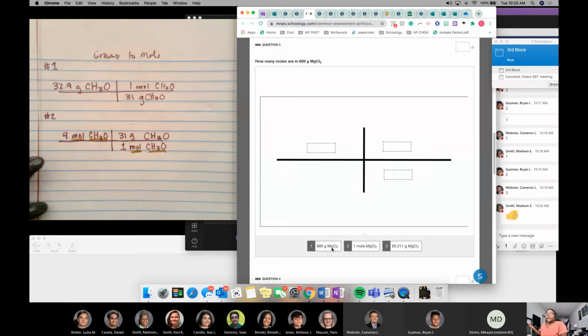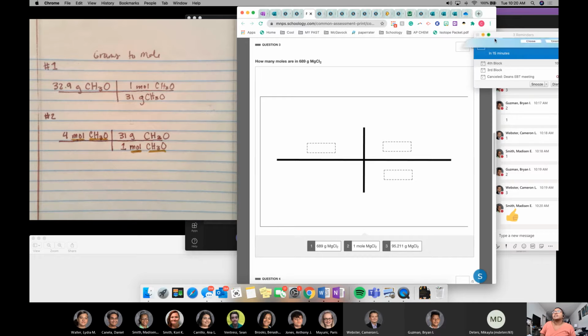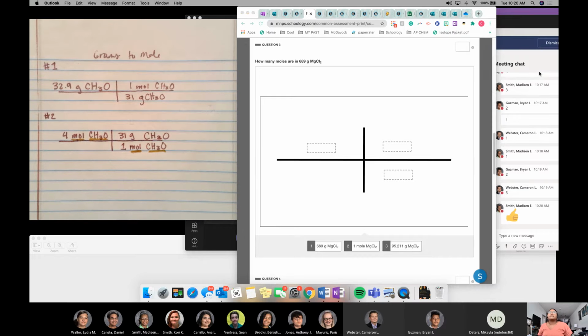Awesome. All right, our next one says how many moles are in 680 grams of MgCl2? All right, so we're looking for moles. We've been given grams. So which option choice is going to go in the first blank?